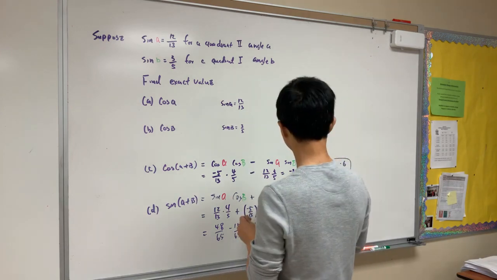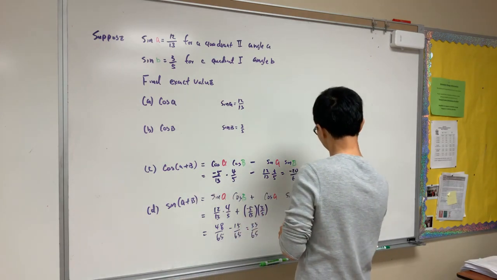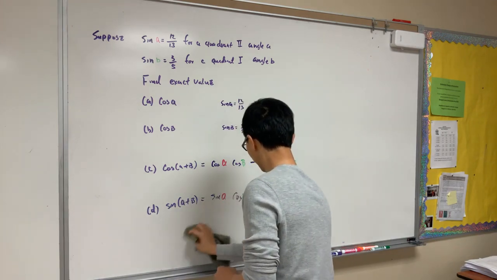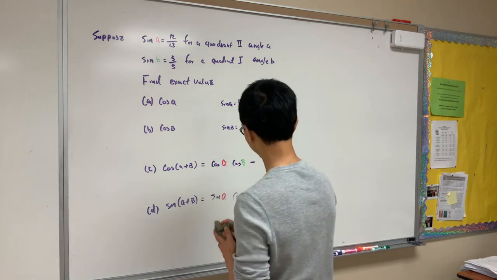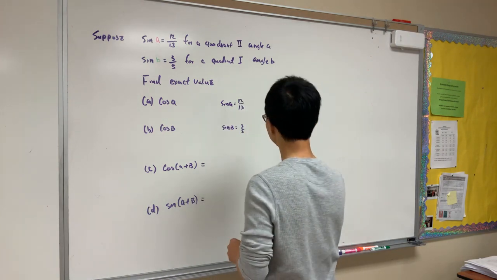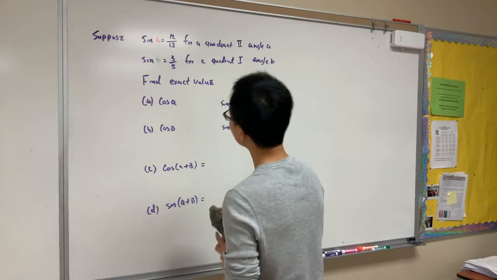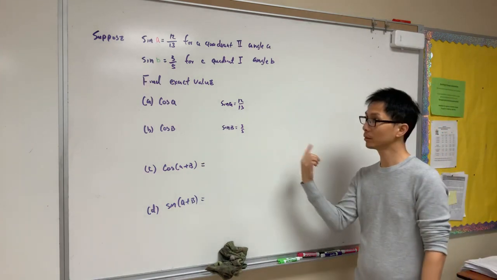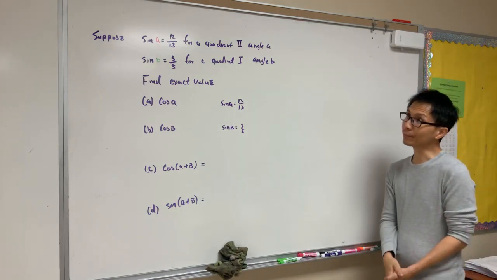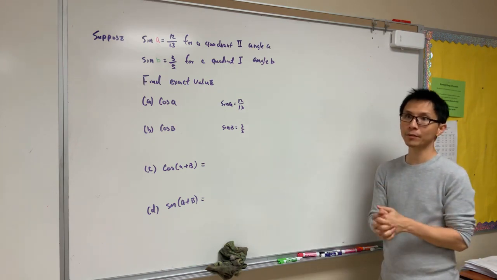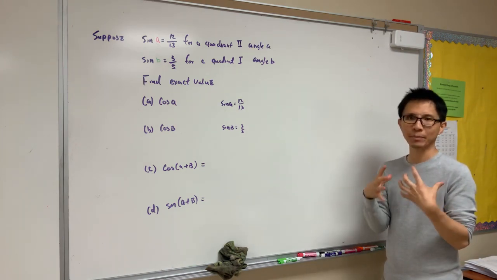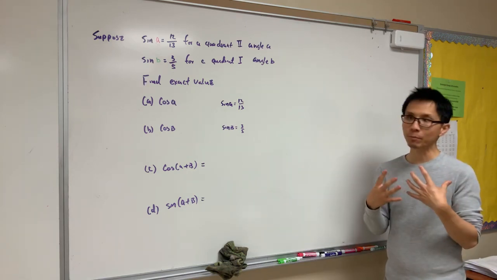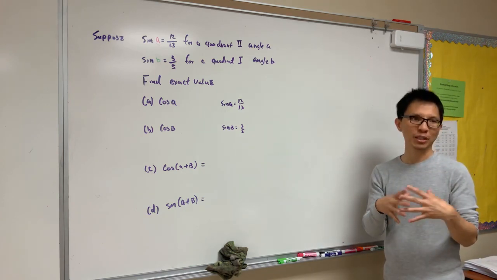I'm going to go over it. So, can the iPad see the whole board? Yes. Everything? Yes. Okay. So this is one of the hardest questions in sum and difference formula, but it's just very easy to make mistakes. So when you go through those questions, you gotta be cautious of what you're doing. If you are cautious of what you're doing, then everything is going to be so easy.